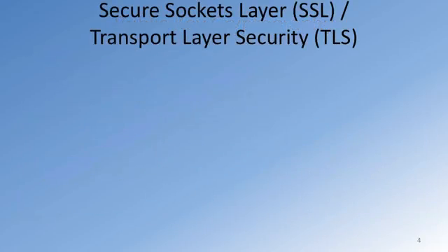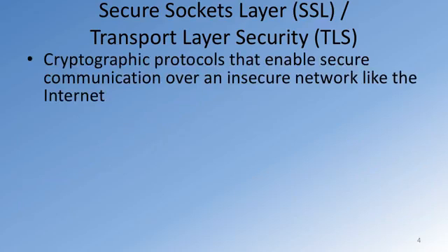One protocol that uses this approach is the Secure Sockets Layer and also the Transport Layer Security protocols, SSL and TLS in short. So many times when you read documentation, you might hear about SSL and TLS. These cryptography protocols enable secure communication between the sender and the receiver over an insecure network like the internet.